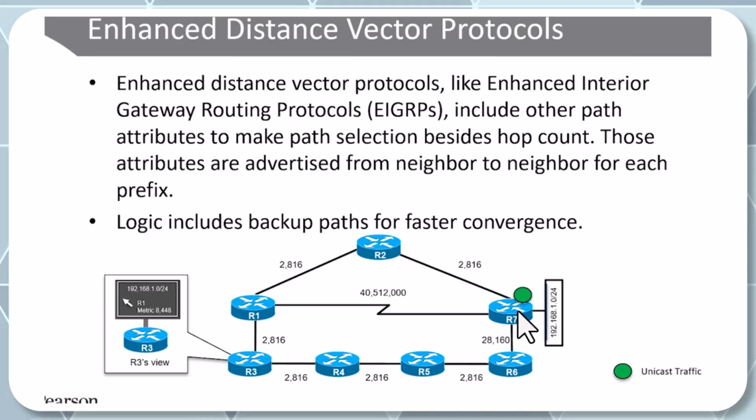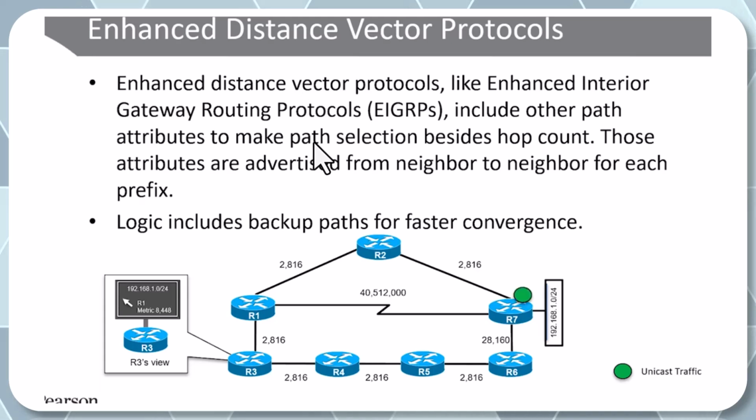Enhanced distance vector protocols include other path attributes to make path selection besides hop count. Those attributes are advertised from neighbor to neighbor for each prefix. The logic includes a backup path for faster convergence. So it also takes some backup path as well, so that if the primary path fails, it will go to the secondary path.